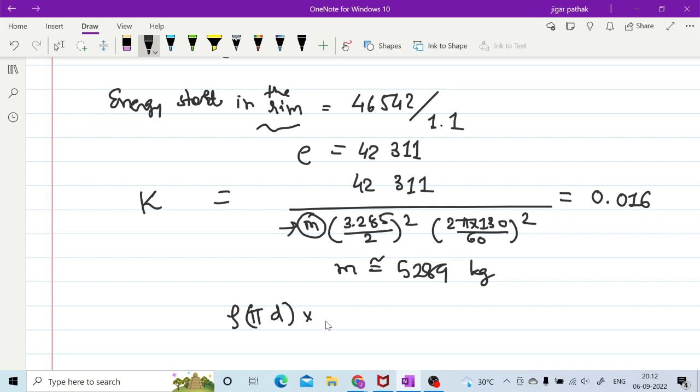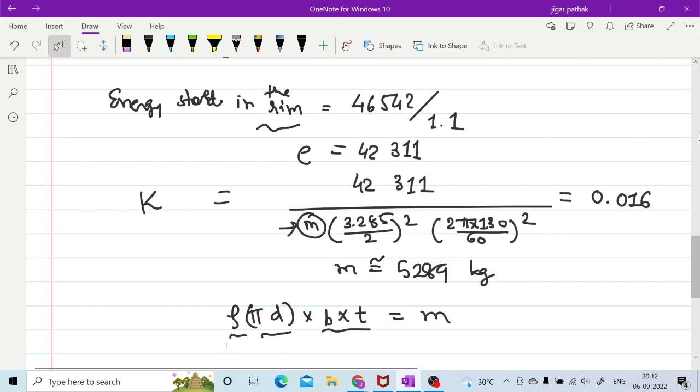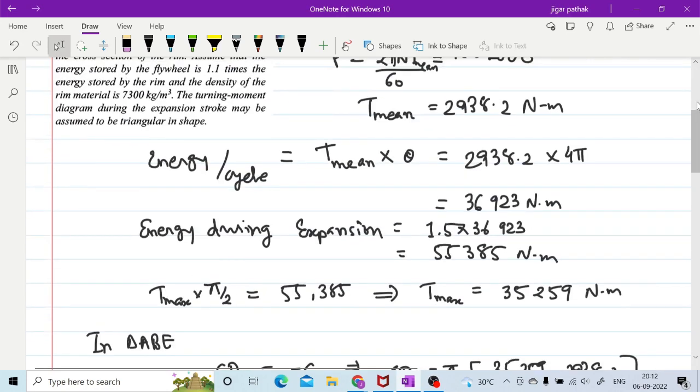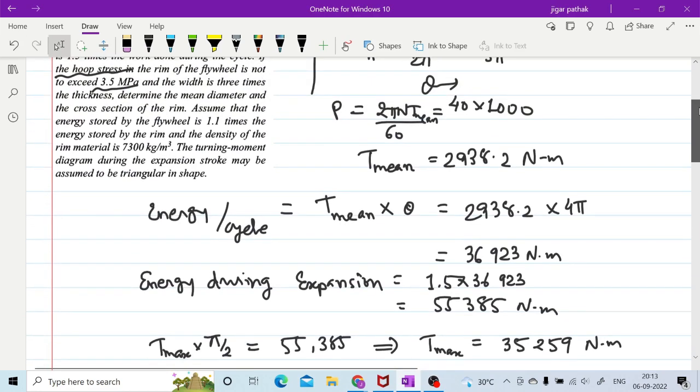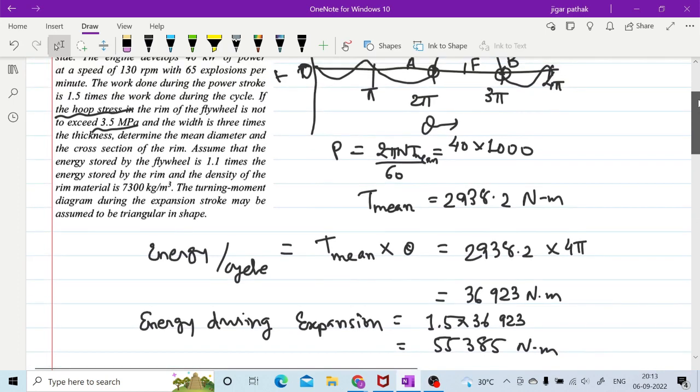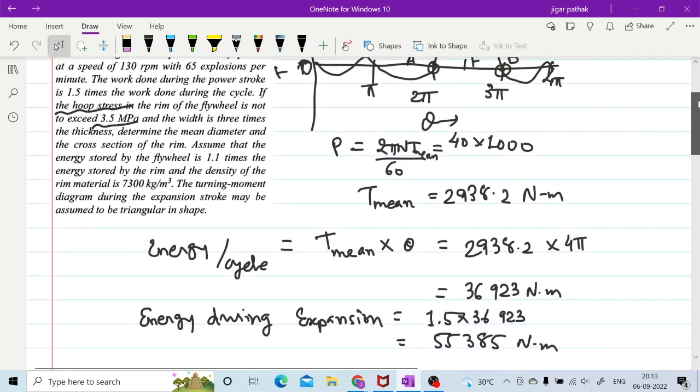Here, in order to calculate the dimension, we have seen this mass is equal to rho into pi d into b into t, right? So pi d is circumference, b into t is cross-sectional area, rho is density, right? So you have everything with you. What you have to do is calculate this width and thickness both. Width is 3 times the thickness, it is mentioned here.